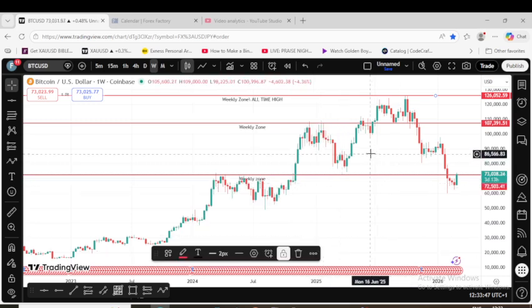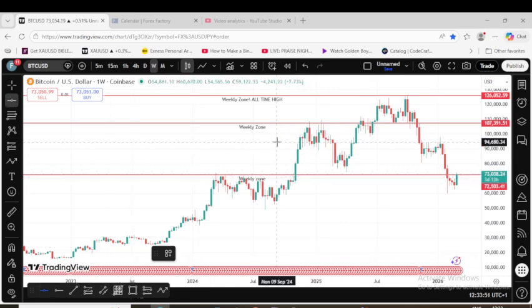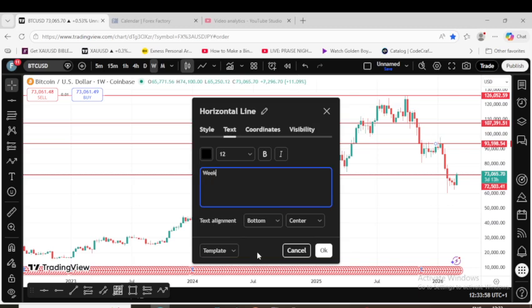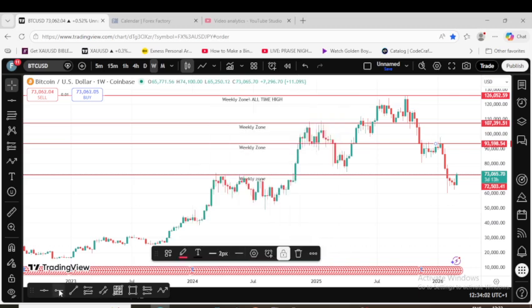We also have another weekly zone here. And then we have another weekly zone here.